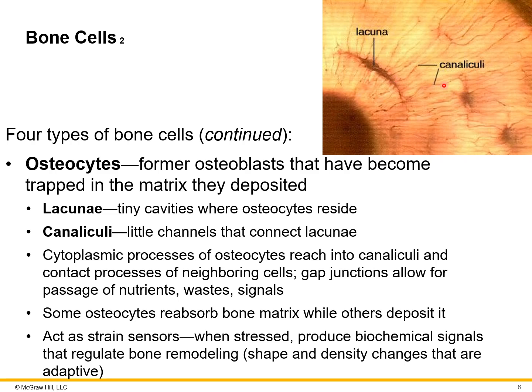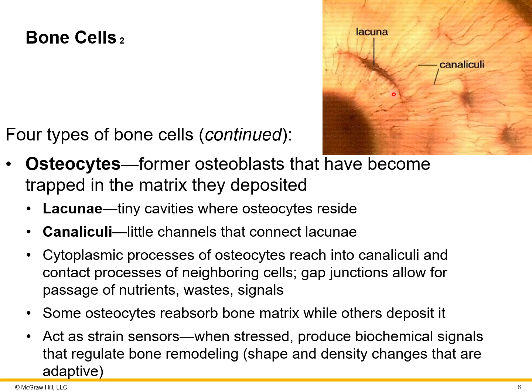These canaliculi will also end up going to the center of what's called an osteon, where there is a blood vessel. So nutrients will diffuse from this blood vessel to each lacuna and to the osteocyte that is inside of it. These osteocytes have cytoplasmic processes that reach through the canaliculi, and they can contact the processes of neighboring cells.